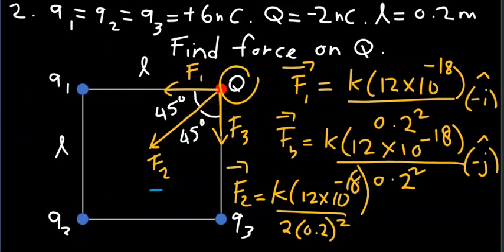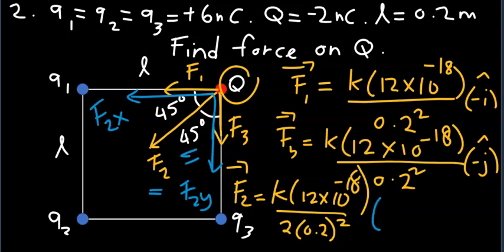Note that this F2 has a negative y component going like that, and negative x component going like that. So let's call this F2y, and this is F2x. Now F2y is quite simply F2 times the cosine of 45.